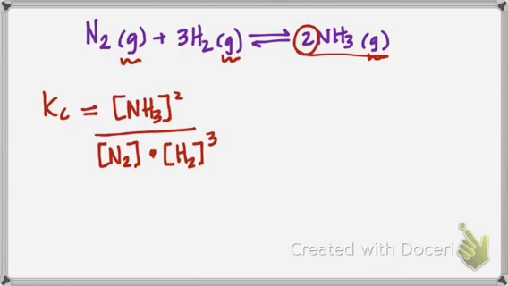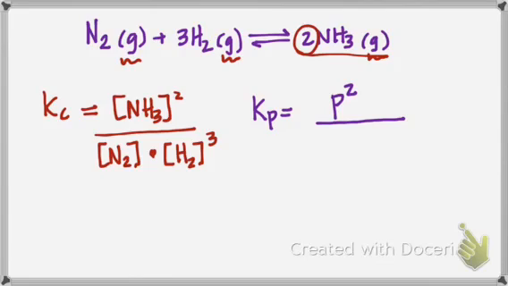And because I'm dealing with gases, I'm going to write a Kp as well. Now this is going to be similar, but not totally the same. Because this is pressure, I'm still going to follow the same format, but it's going to look a little bit different. I'm going to put pressure for the gas, the NH3, over on the right, and I'm going to use the P there, and that's where I'm going to put that coefficient as an exponent.